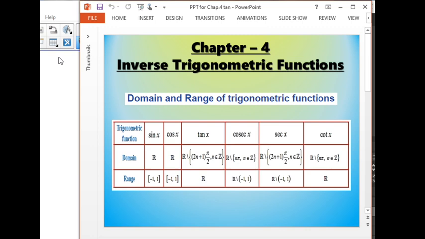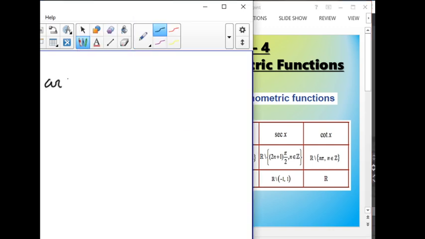We also write the inverse like this: cos inverse of x. We also write it as arc cos x. So arc cos x is nothing but cos inverse of x. Remember this.